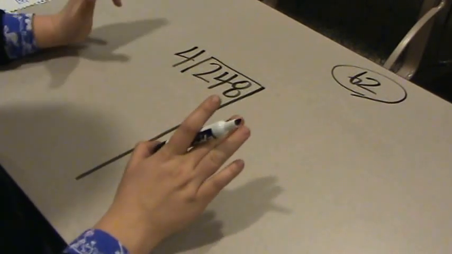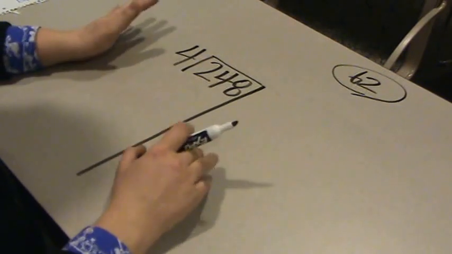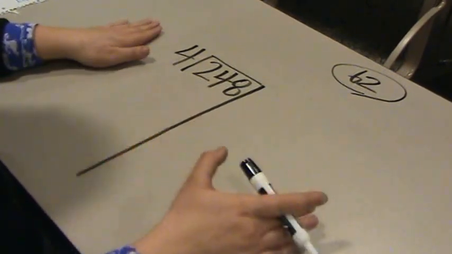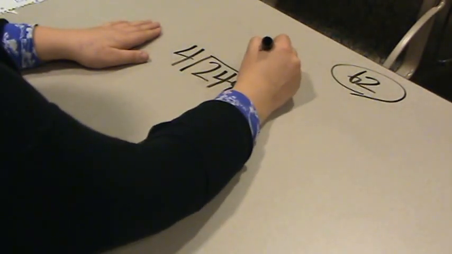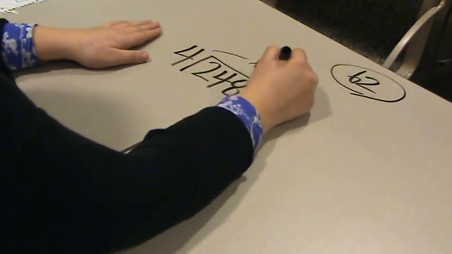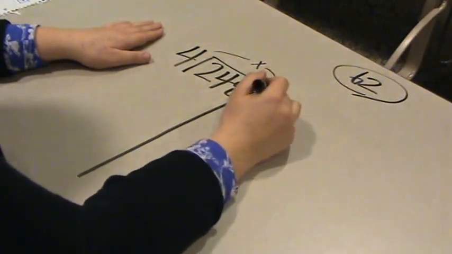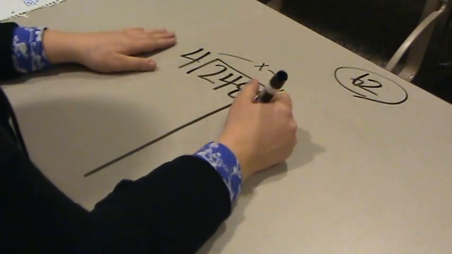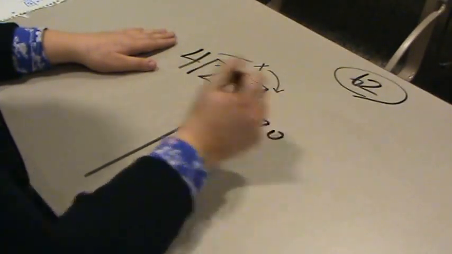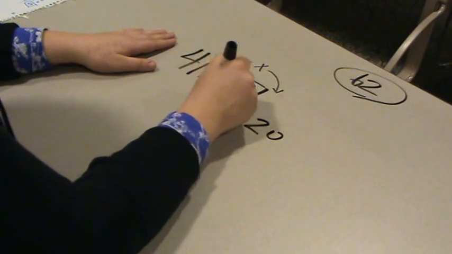That seems kind of daunting, but we're going to use what we know to figure out this big number, okay? I'm going to put a little X up here because I want you to remember that we're just going to multiply, and we're going to put this number over on this side. So I know that 4 times 20 is 80. And we're going to write that right there.